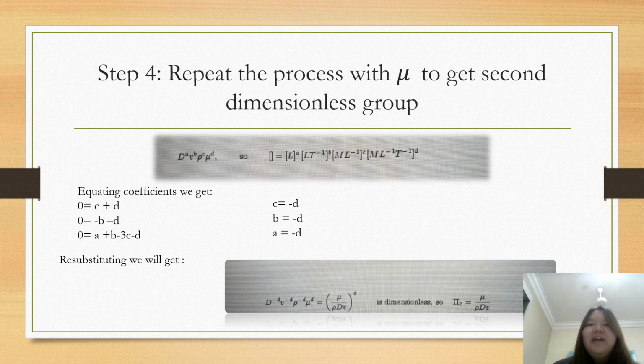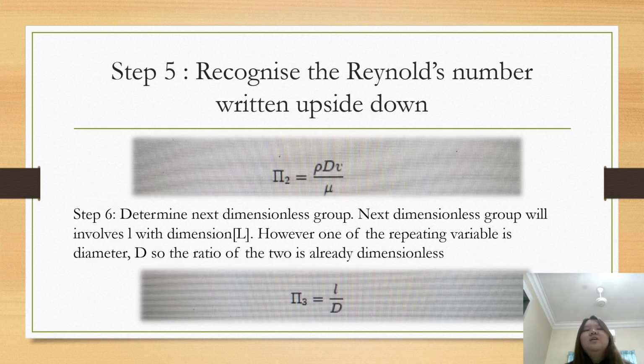So we get pi 2, which equals viscosity over density times diameter times velocity. So step 5, we have to recognize the Reynolds number written upside down. So actually it's pi 2, we just wrote it in upside down form.